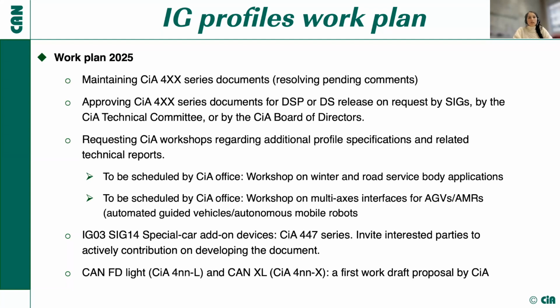The work plan for these interest groups for the future is maintaining the CiA 400 series documents, resolving pending comments, and also approving CiA 400 series documents for releasing as a DSP or DS on request by special interest groups, or by a CiA technical committee, or by the CiA board of directors, and also requesting CiA workshops.